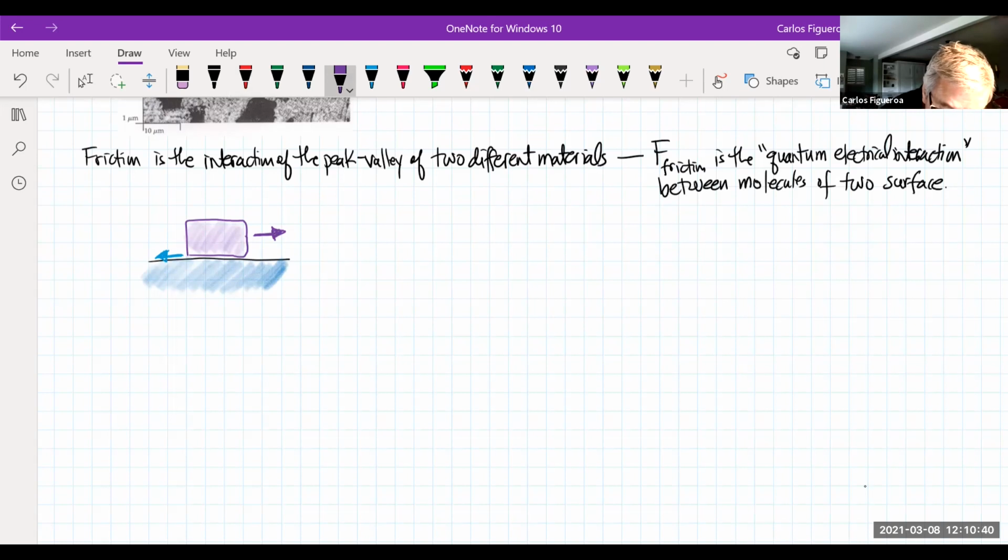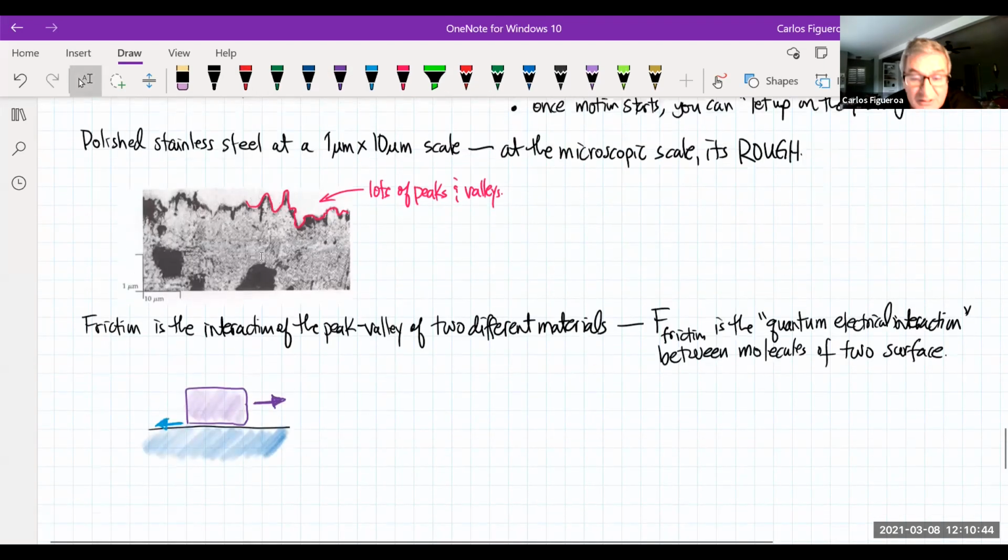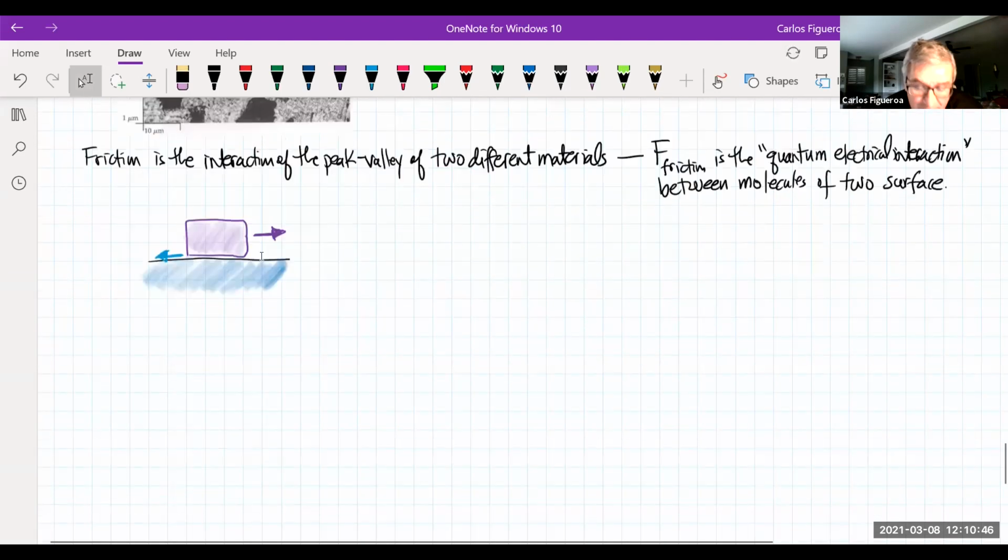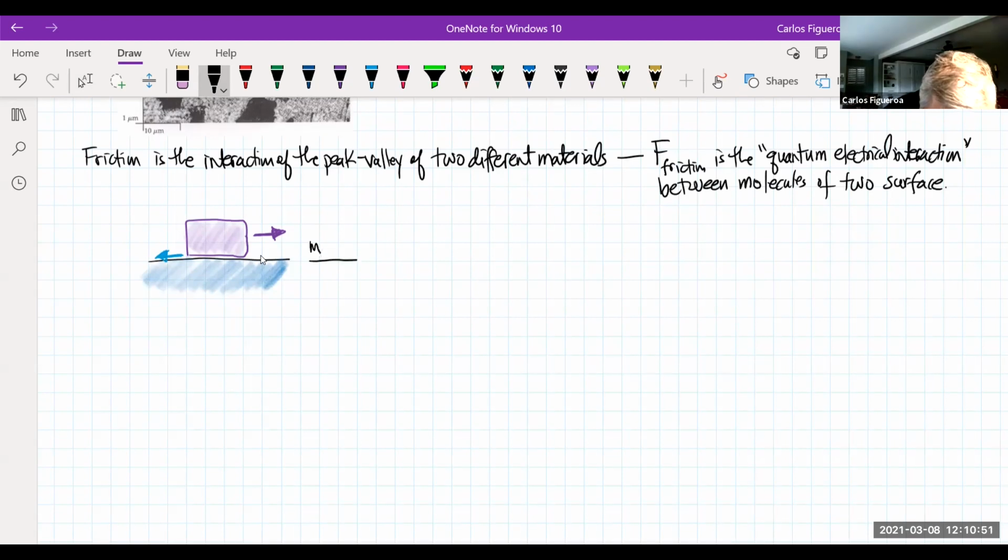Well, when I look at the surface of smooth stainless steel, you could imagine that if I'm talking about a regular surface, what I want here is the microscopic view. What does the microscopic view look like? Well, there's the blue surface.